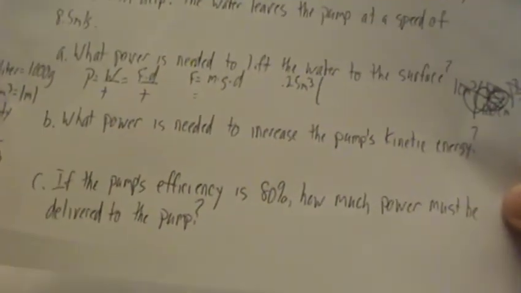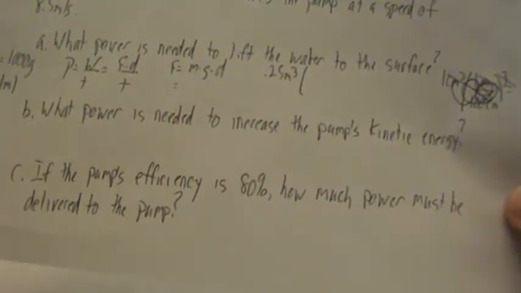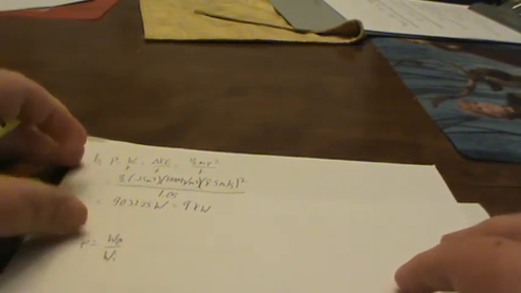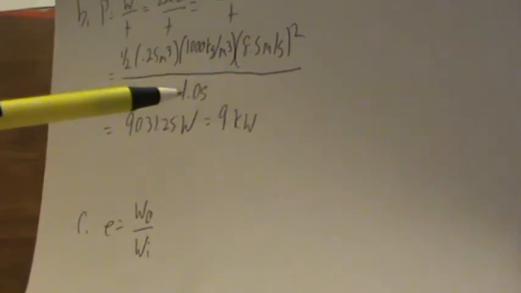Alright, so let's look at problem C. It says if the pump's efficiency is 80%, how much power will be delivered to the pump? Okay, so here's B, C. So efficiency is equal to work output over work input. We know what the work output is because that's what we got in B. That's how much work is being done, or power needed.